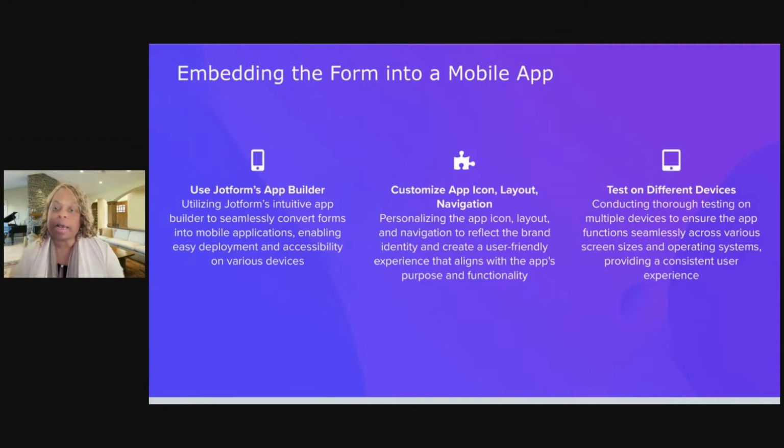So when you go to customize the app icon and the layout and navigation, that's pretty simple because it's just a matter of uploading your logo or the image that you want to be used on the home page of whoever's phone or device they downloaded it to. You'll upload that app icon and you'll tell it what color you want the background to be. It's a very simple scenario.